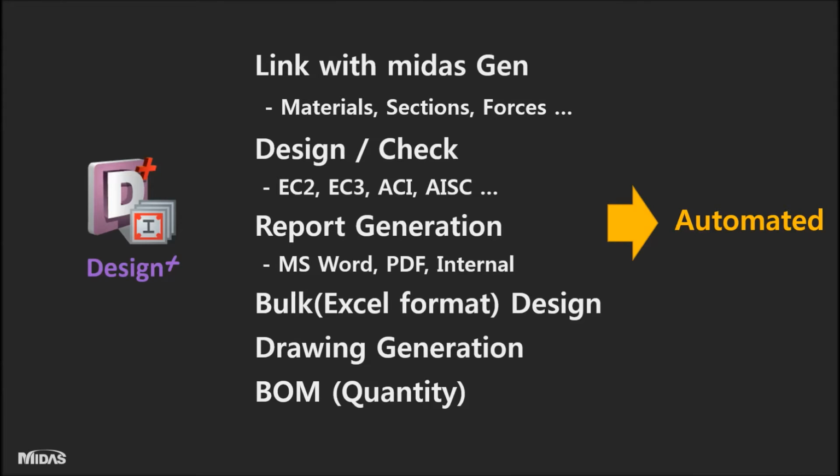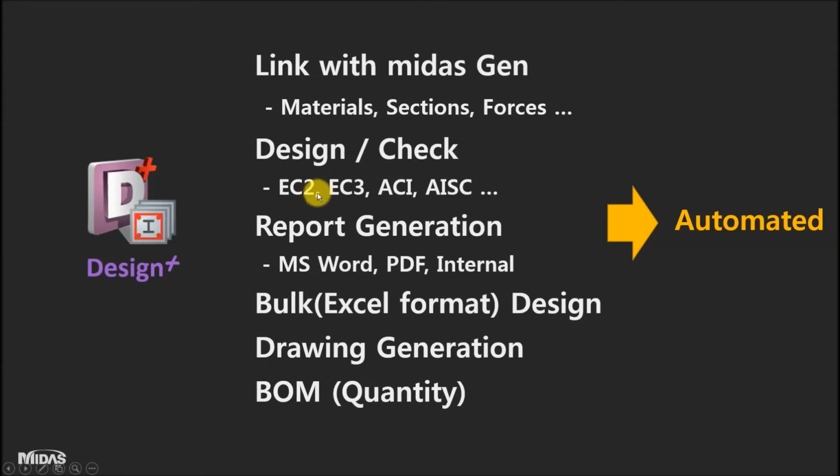So basically in Design Plus, we can link with Midas Gen 3D software, and we can also do the simple design unit. We can do the member design as it is with Midas Design Plus itself. So we can do design and check EC2 and EC3 and even American code.